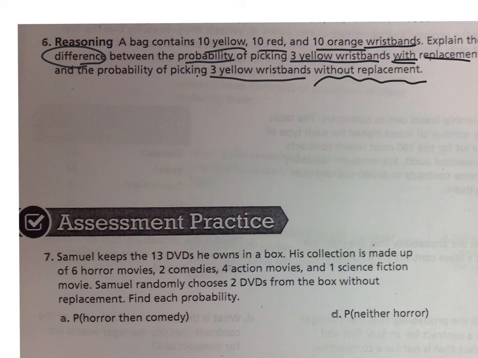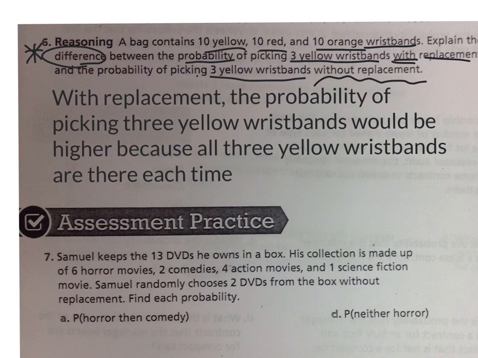And they're just asking for what the difference is here. They're not asking us to actually figure out what the probabilities are. So one way of answering this, we could say with replacement, in other words, when we put the wristbands back, the probability of picking 3 yellow wristbands would be higher because all 3 yellow wristbands are there each time.